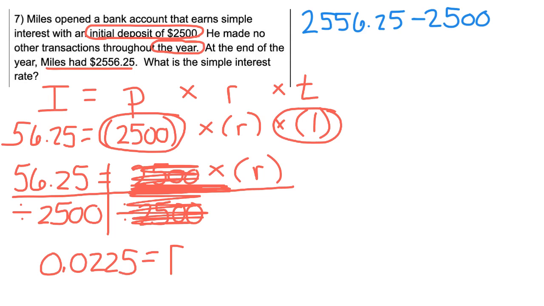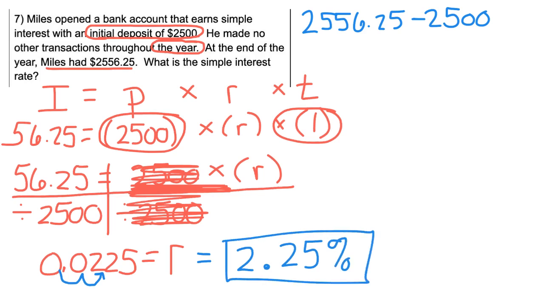So if you remember, to move it back into a percent, we have to move that decimal 2 places, which makes it 2.25%. Wow, that was a big problem. If you got it right, you get to star yourself. If you did not get it right, take great notes. Go ahead and pause me. Come back when you're ready for number 8.